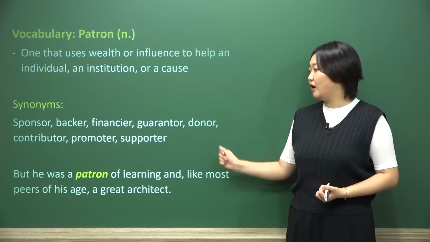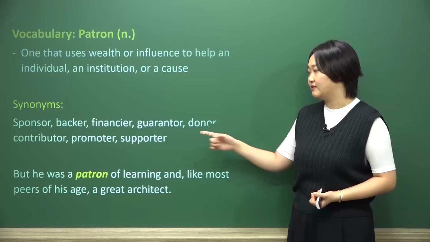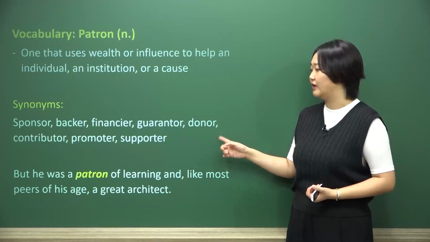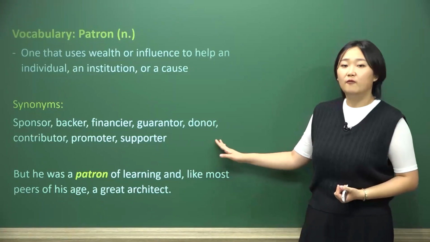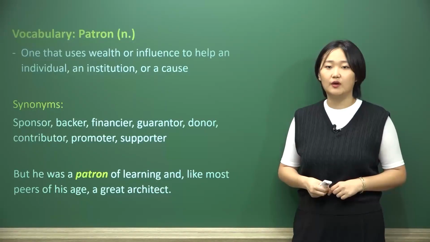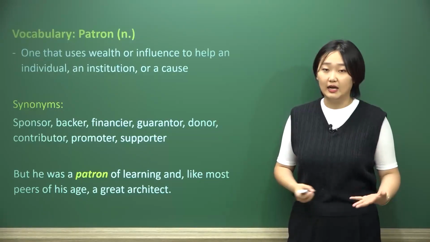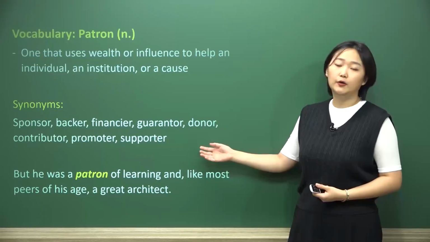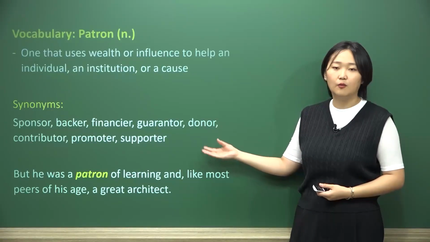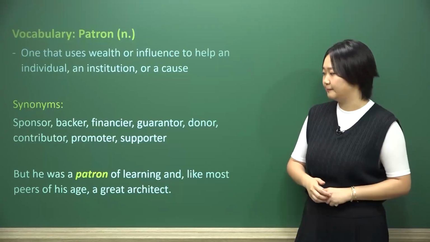But if we're talking about money in particular or getting something, we would use any of the other five: sponsor, backer, financier, guarantor, and donor. I would also say for the word donor, that one can be used for a lot of different things. It doesn't just have to be influence or wealth. It can also be, in the same way that we have donations and donation areas to donate something. A donor is somebody who donates, okay? And so with that context in mind, make sure you use that synonym very effectively.